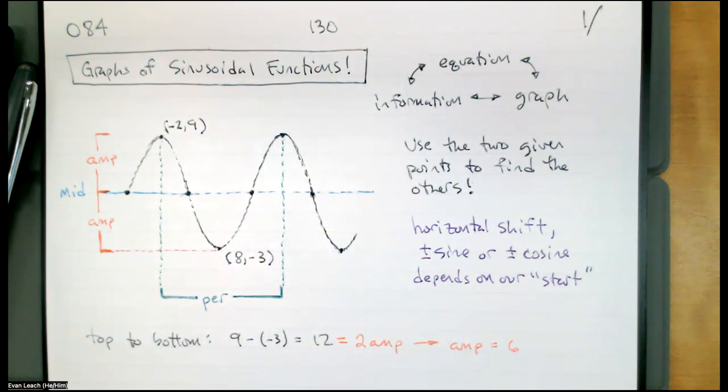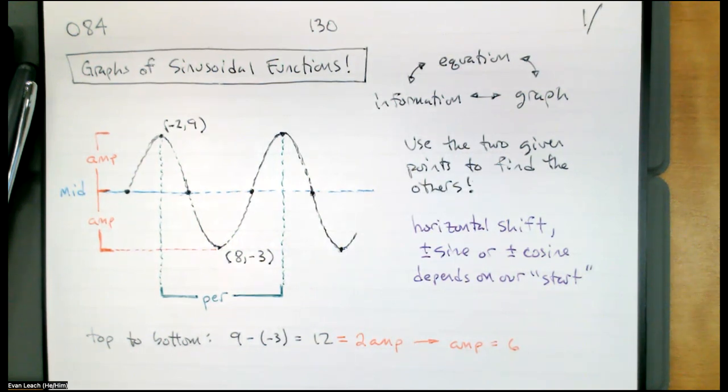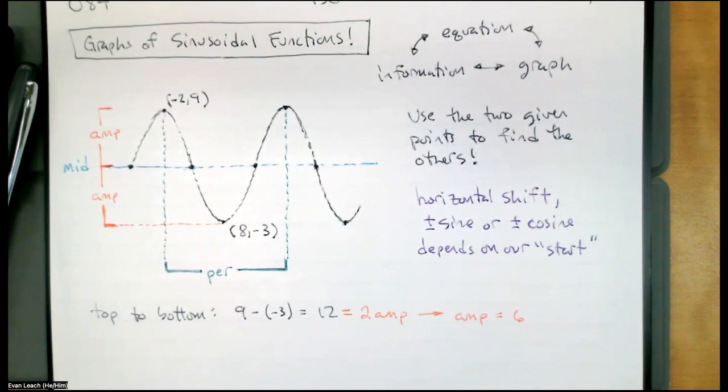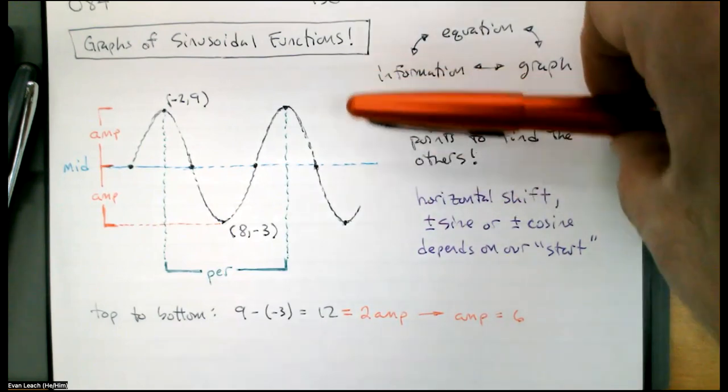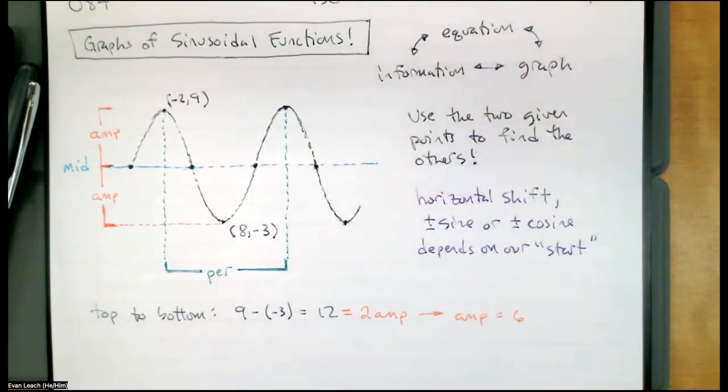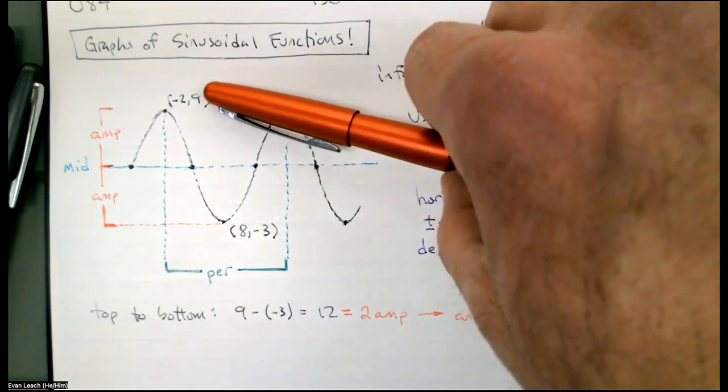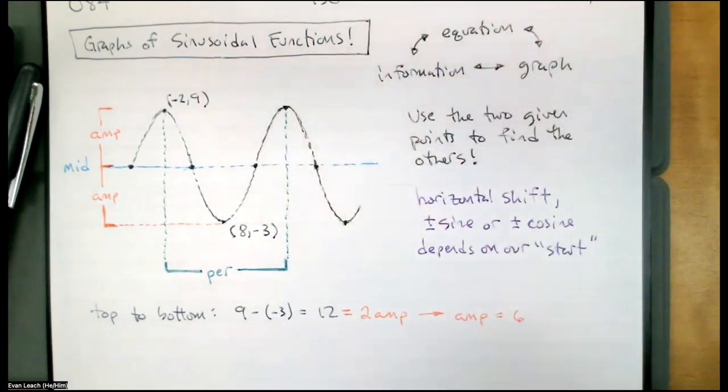The midline is not necessarily going to be at 0. Because if the middle's at 0, then it's 9 to the top and only 3 down to the bottom. So that's not balanced. So the amplitude is 6. So we can go from the top down 6 to the middle. So we can use this to find the middle.